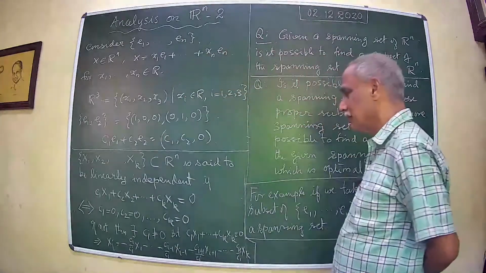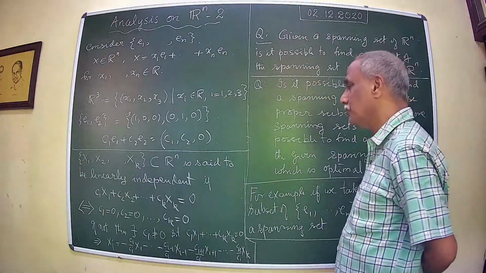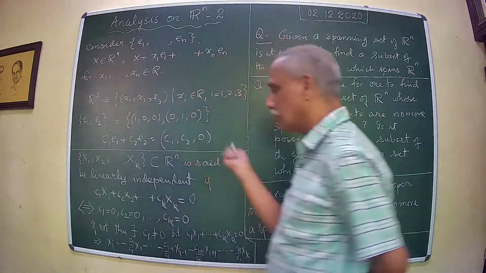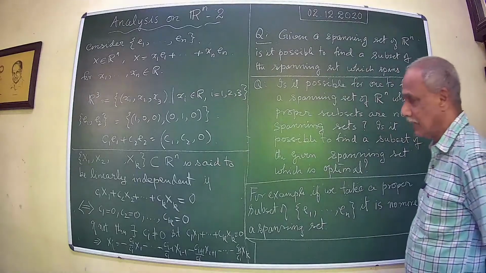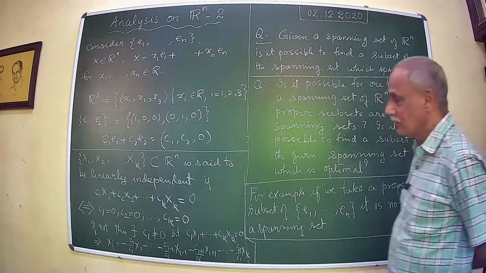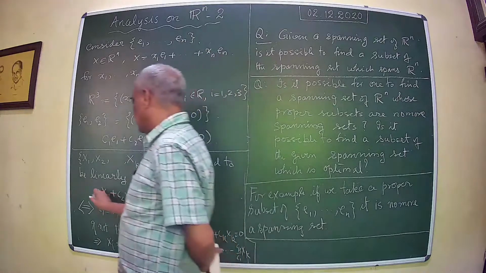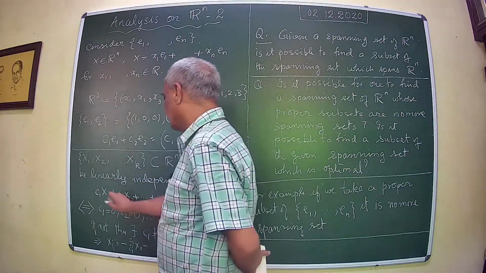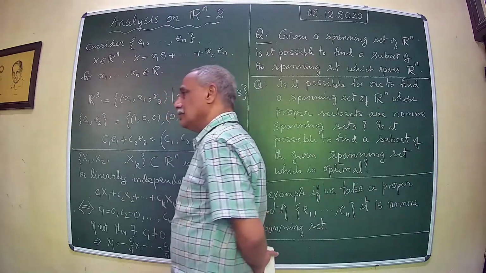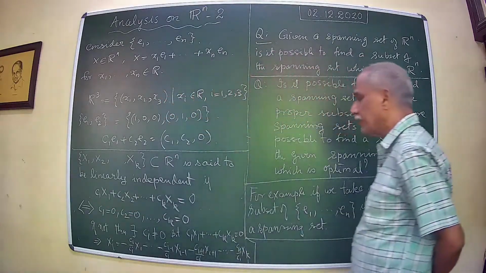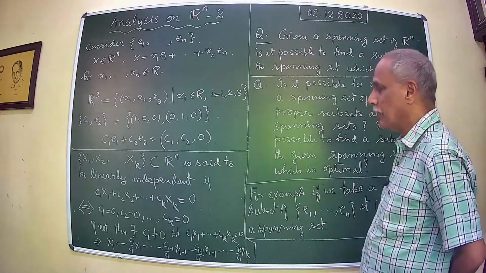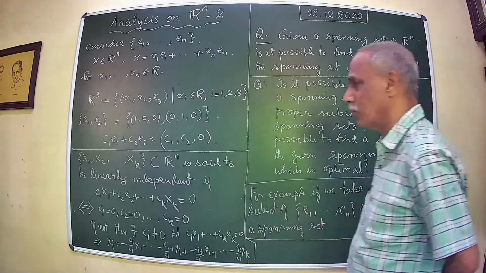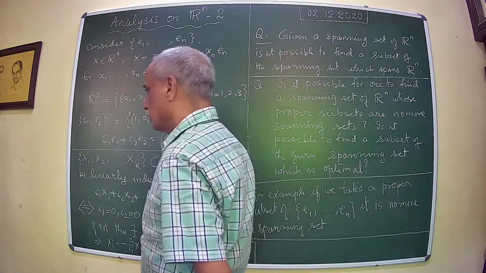Okay. So if none of these can be expressed as a linear combination of the others, then you see that a linear combination of this kind will be 0 if and only if every Ci is equal to 0. Otherwise, the particular xi can be written as a linear combination of the rest of them. Okay?